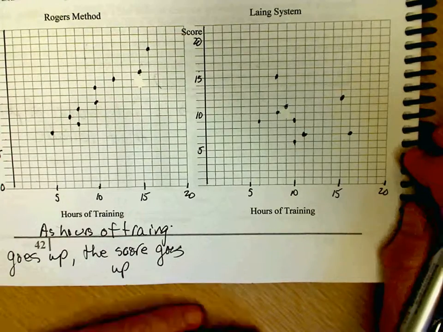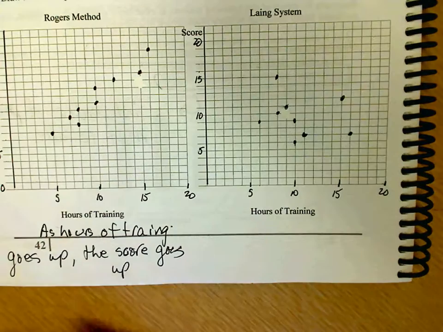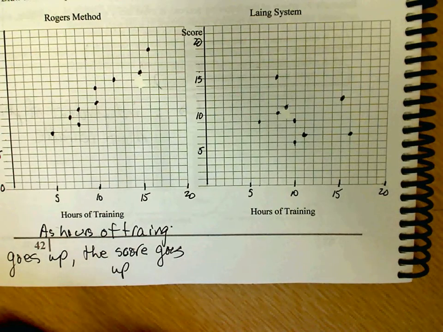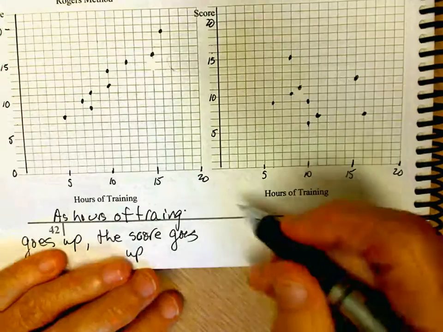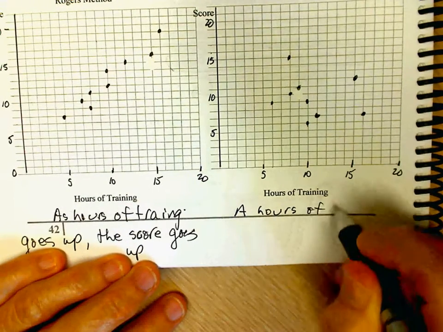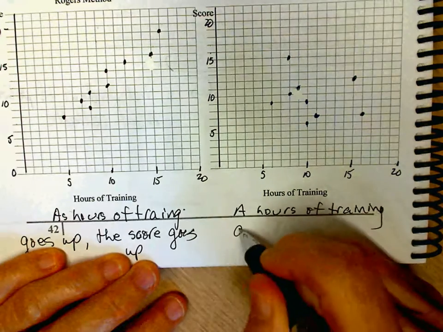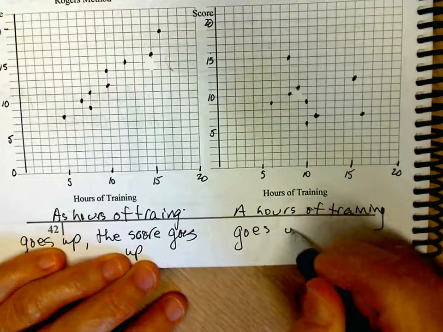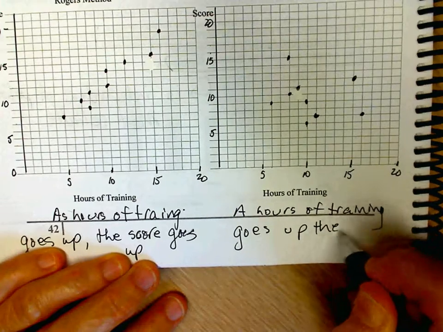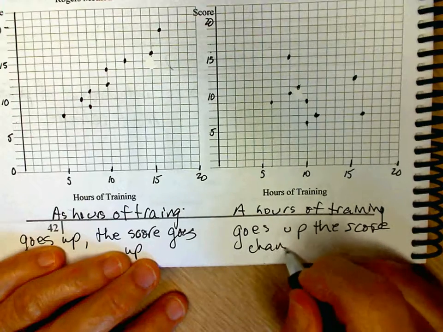Okay, what happens here is, as hours of training goes up, what happens? Yeah. So as hours of training goes up, the score changes randomly.